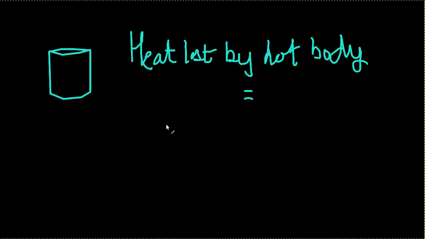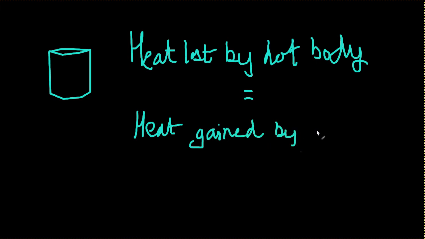I think you guys have already known this, but now we're putting it in the form of a principle. It's a fact, and it also shows conservation of energy, because remember that these are both energies over here. It's heat energy. So it shows conservation of energy because the whole energy is getting transferred from hot body to cold body.